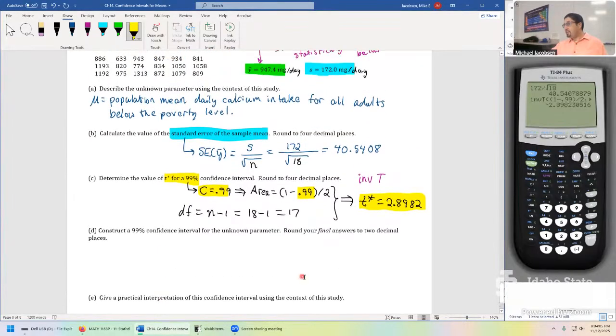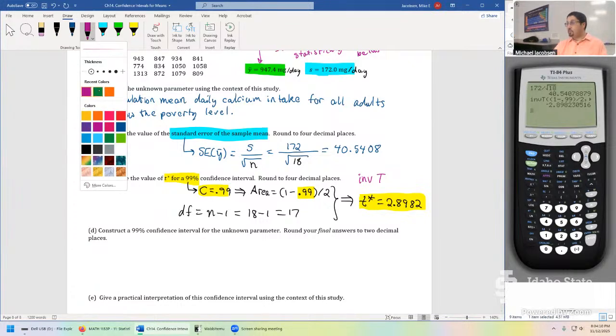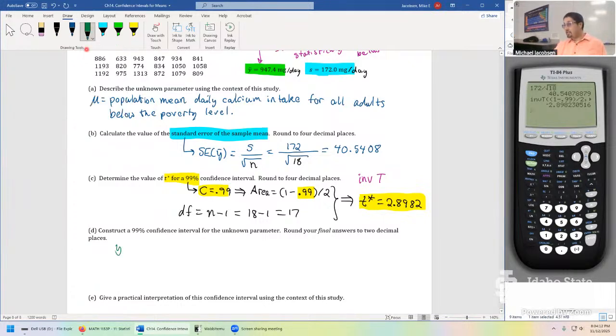So now that we have all that, we're on our way. The confidence interval is just a matter of writing down the formula and plugging in the information. It goes y bar plus or minus the t star that we just found, multiplied by the standard error of y bar that we found in the prior step.